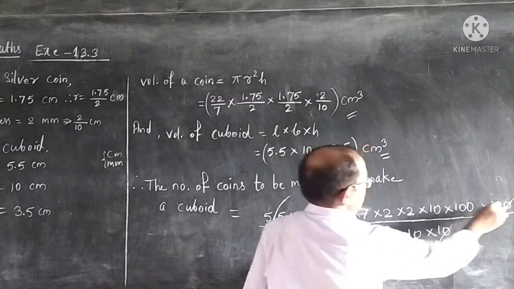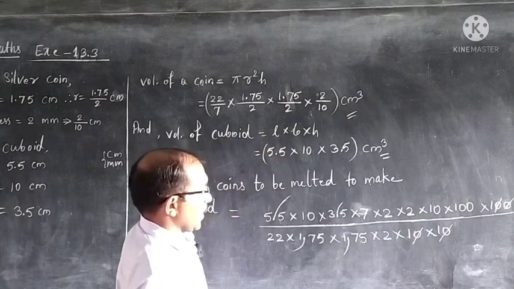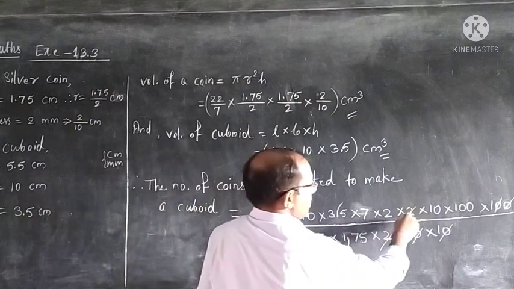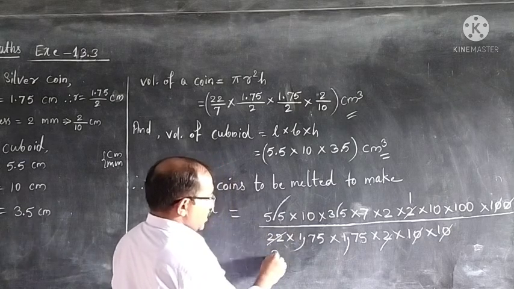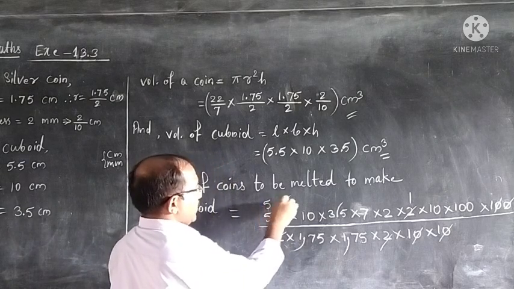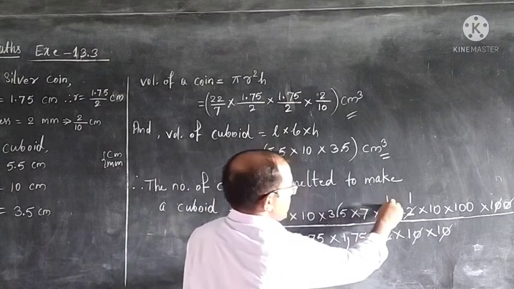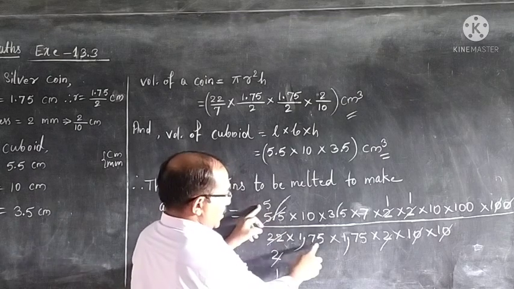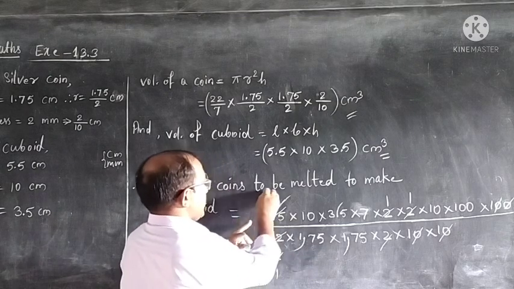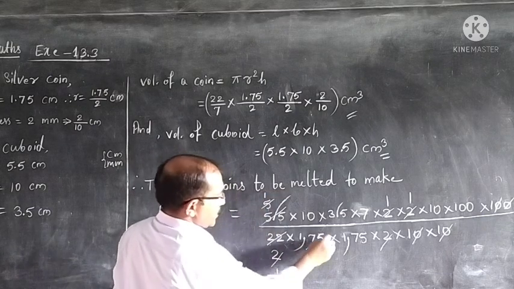0, 0, again this 0, that 100 is gone, this 10 gone. 2, 2 ones are 2. Again 22, 11 twos are 22, 11 fives are 55. So slowly numbers are reducing. Now 5, 175, we can cut, 5 ones are 5, 5 threes are 15, 5 fives are 25.